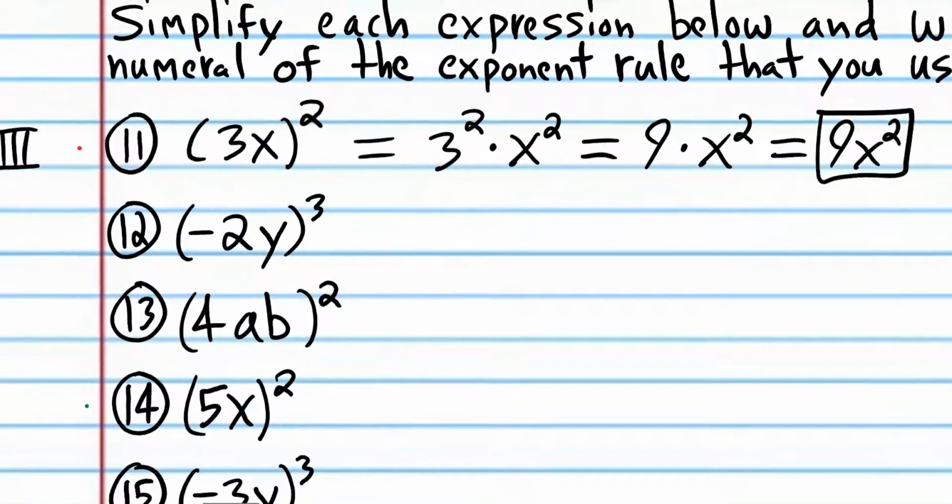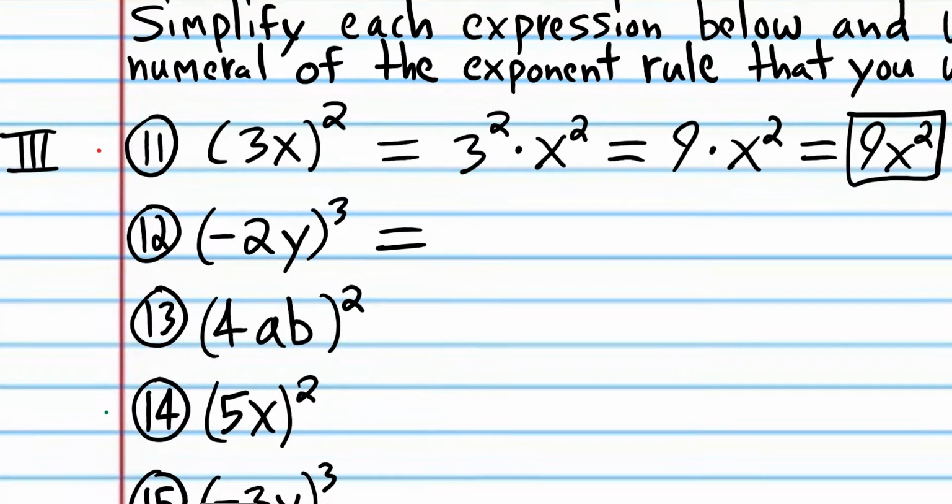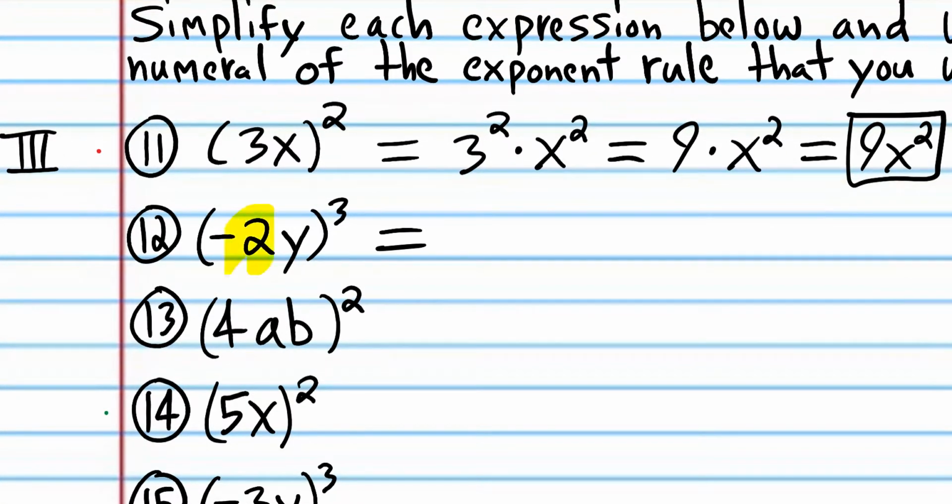So as you can see, this is not really that difficult. Now, let's do number 12. You have -2 times y. So you have a product inside there, 2 numbers multiplied together, and then you're raising that to a power. So you can take one of those numbers and raise it to the third power, and then you can take the other number and raise it to the third power.